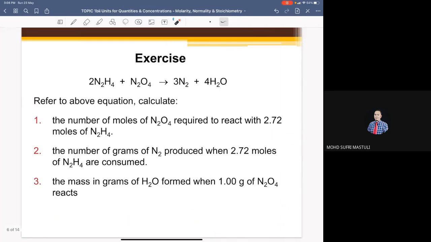Okay, another question is, what is the mass in gram of H2O formed when 1 gram of N2O4 reacts? So 1 gram of N2O4 reacts.